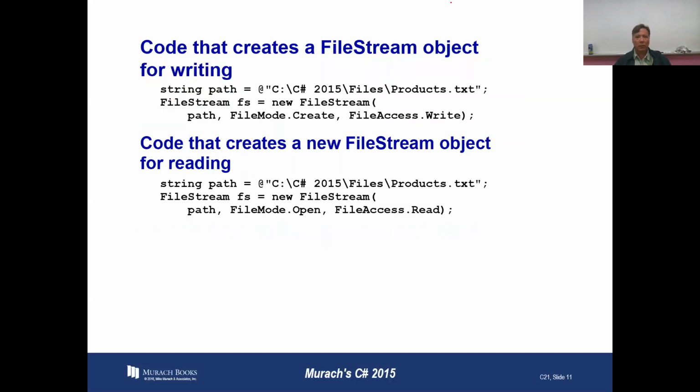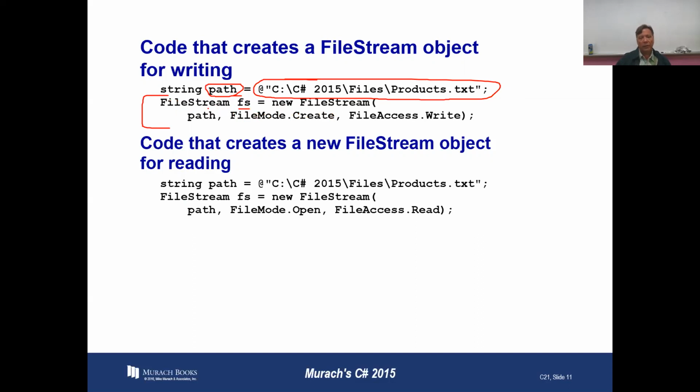All right, code that creates a FileStream object looks like this. You can first define the path to the file, and that would be this variable here. And then you create a new FileStream object. You recognize this syntax. It's like if you were to create a new list or whatever.